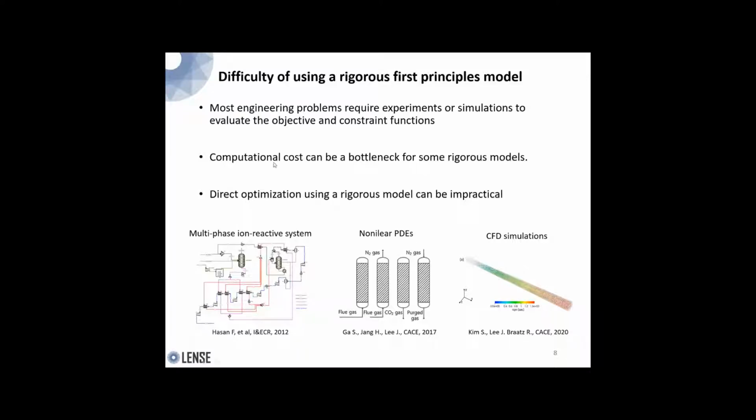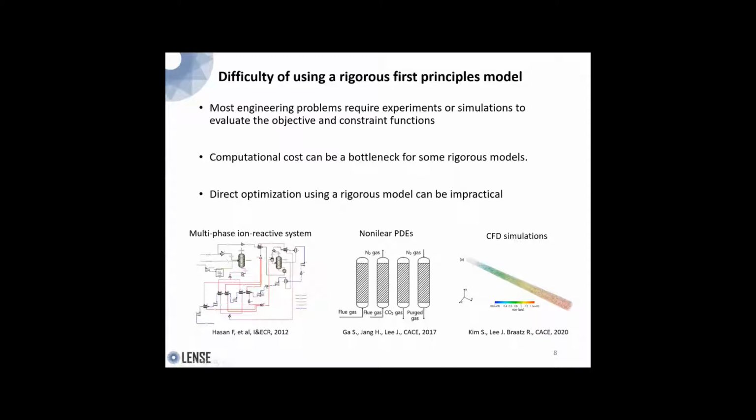Computational cost can be a bottleneck, even though computers are very good and numerical methods are good. They can still be quite time-consuming. So direct optimization using a model that involves lots of equations, PDEs, and so on, may be impractical.